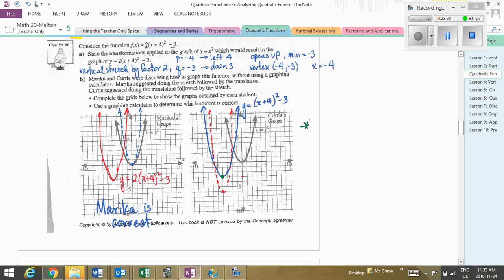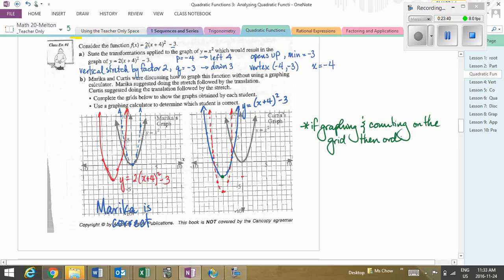So, if graphing and just counting, counting on the grid, then order won't matter. Okay.